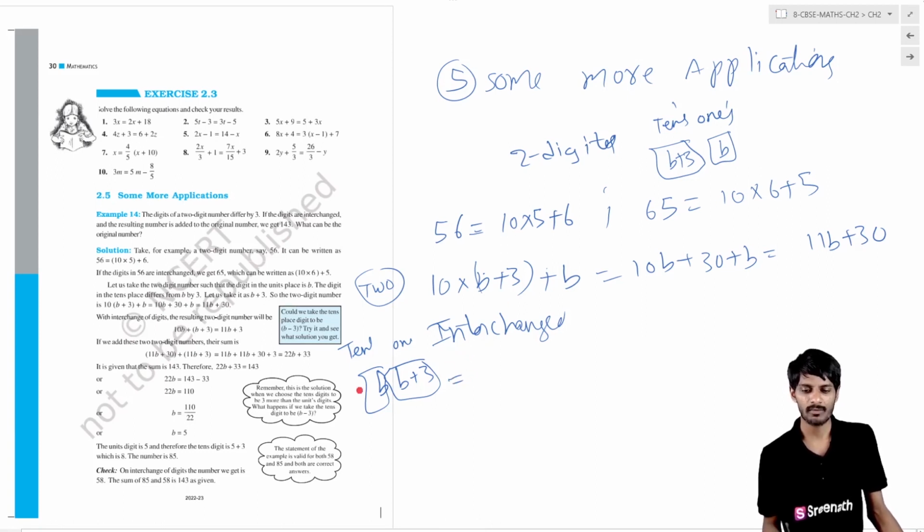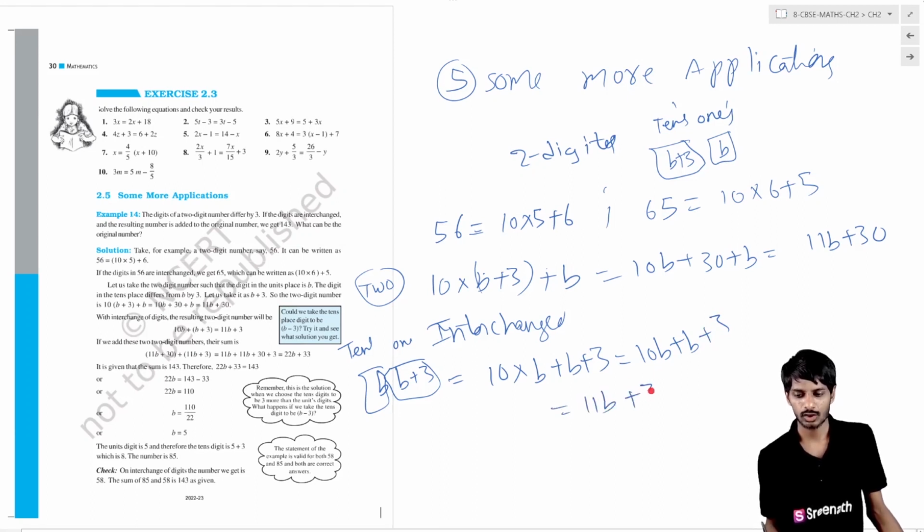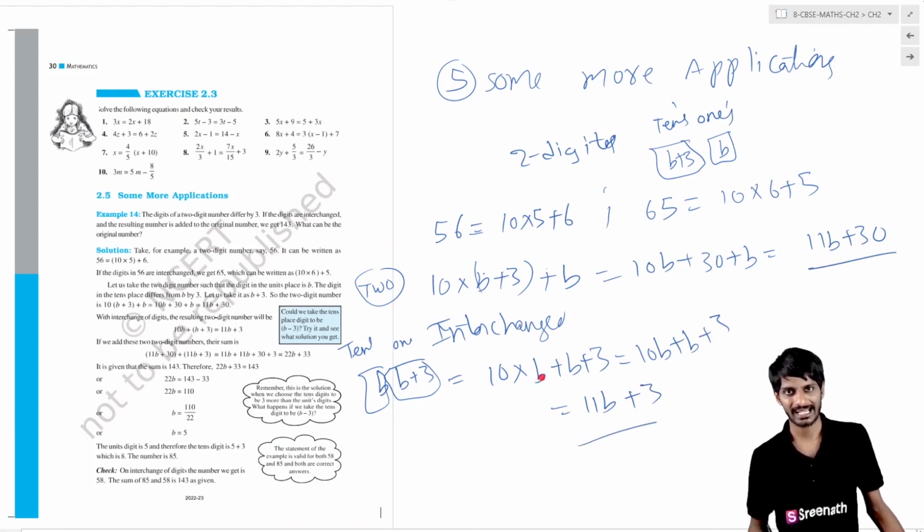Whatever is in the tens place is multiplied with 10, so 10 into b plus b plus 3. This is the expanded form. So 10 into b means 10b, plus b plus 3. So 10b plus b is 11b, plus 3. Finally, this is the expanded form of the second number.